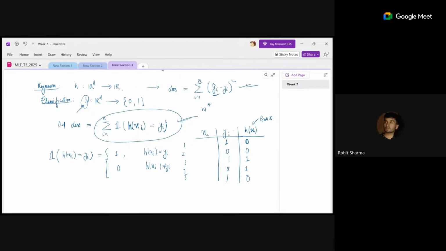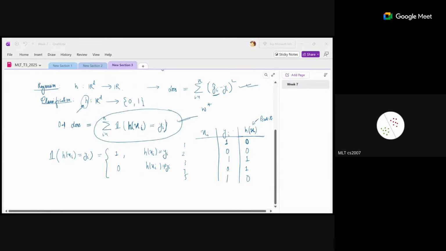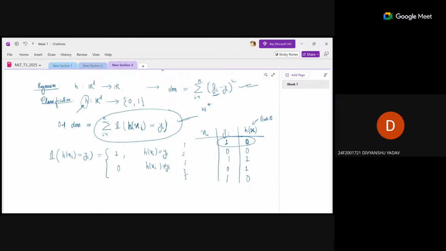Why is that? How? h of xi has to be equal to yi, right? In the first example, h of xi is not equal. The second and third are true, so each of those will give you 1.